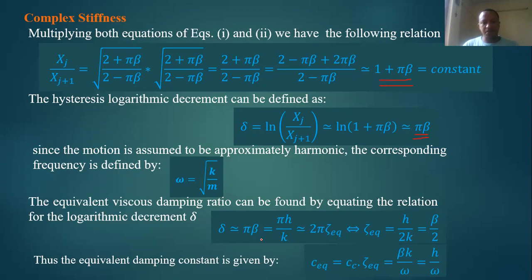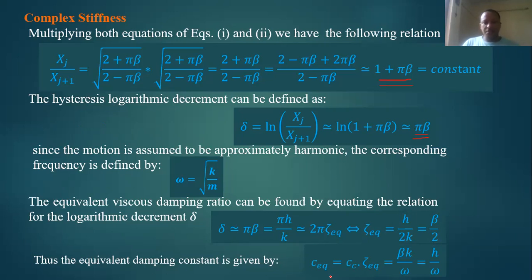So delta is equal to pi beta, which is equal to pi h over k, which is approximately equal to 2 pi zeta equivalent. So we can find the equivalent damping ratio zeta, which is equal to h over 2k, or beta over 2.